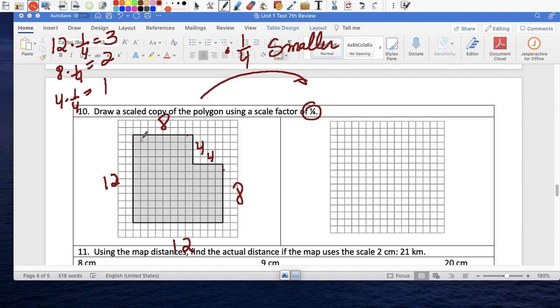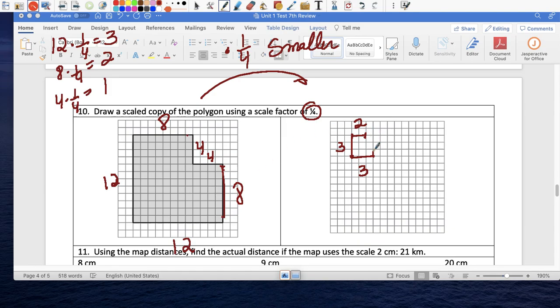Okay, so let's get the 8. The 8 here is now 2. So it's going to be 1, 2 right there. The 12 is going to be 3. 1, 2, 3 right here. This is another 12, so 12 multiplied by 1/4 is 3 again. And then we're going to go up. The 8, that was this height here, is no longer 8, it's now 2.